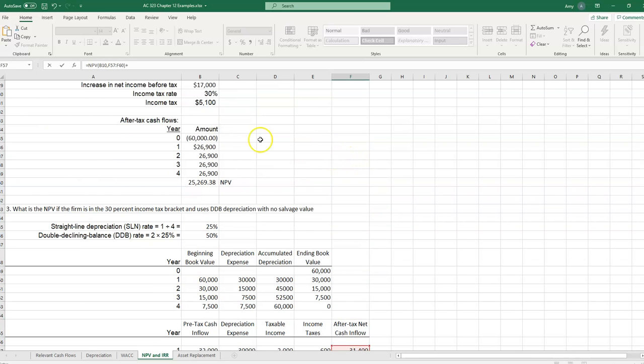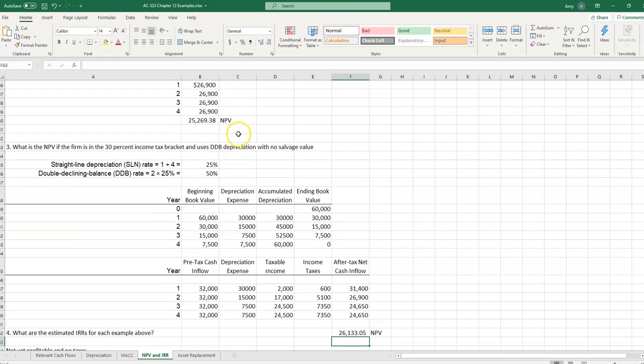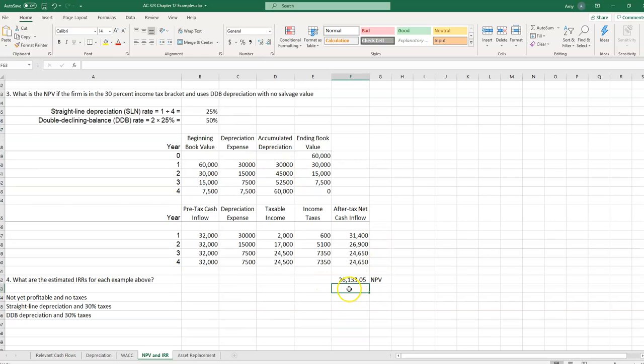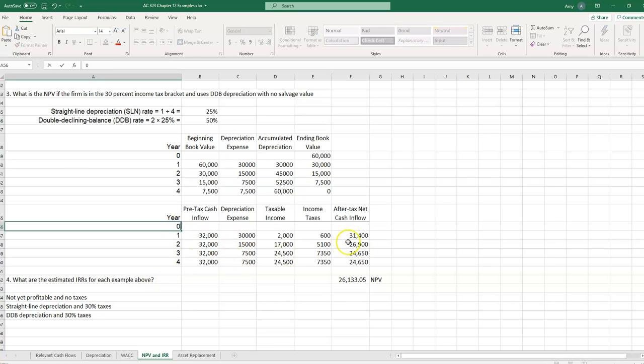And then we need to add the year 0 amount. The next question that we look at is, what is the estimated internal rate of return for each example above? So let's put in the 0 rate here, because that will help us.